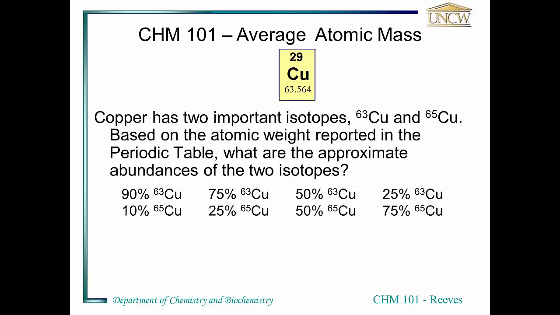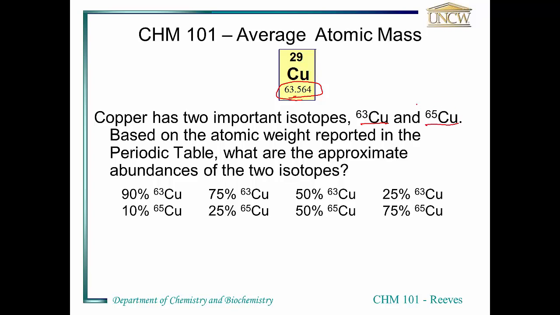Okay, well, here's a problem that takes a slightly different slant. Notice that the average atomic weight of copper is 63.564. And we can explain that because copper consists of two dominant isotopes, copper 63 with an atomic mass of 63 AMU and copper 65 with an atomic mass of 65.